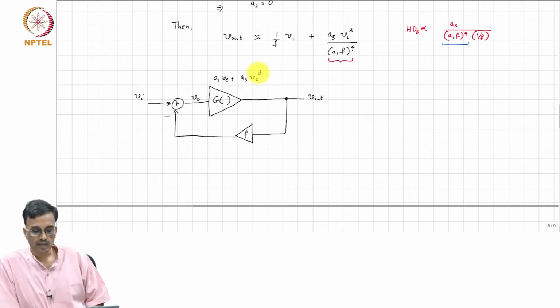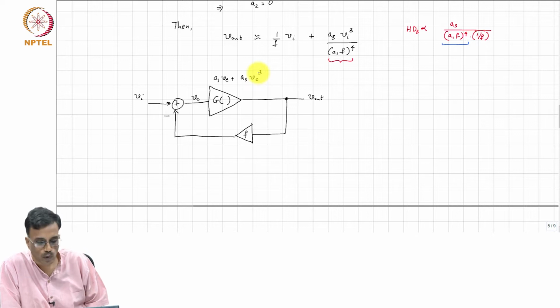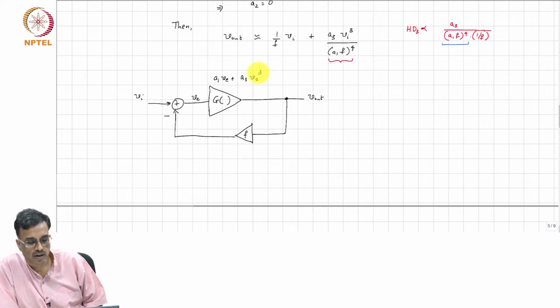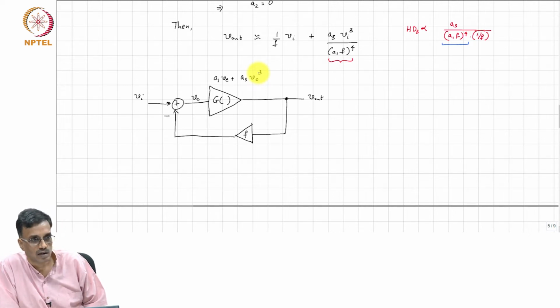So, what this analysis is telling us is that if A1 doubles, the harmonic distortion is going down by a factor of 16 for the same A3 and the same 1 over f. So, intuitively, first of all, why should the distortion reduce if A1 increases? Increases, so non-idealities it will suppress. I understand, but why will it suppress non-idealities? That error voltage will be less.